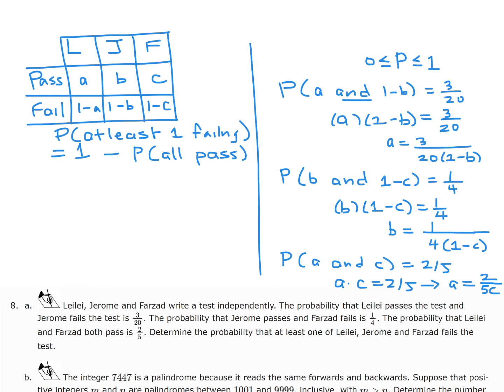Because at least one fails means 1 fails or 2 fails or 3 fails. It does not include all of them passing. So all of them passing would be a separate calculation. So this, I think, is the easier way.